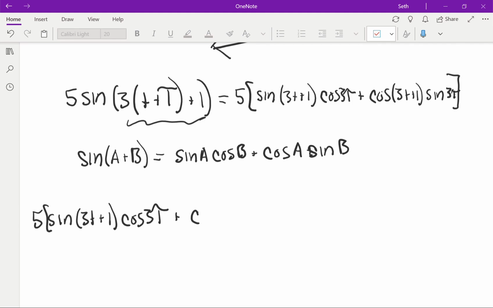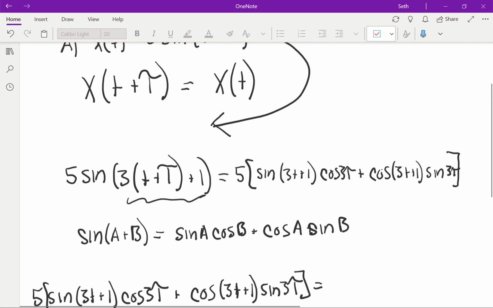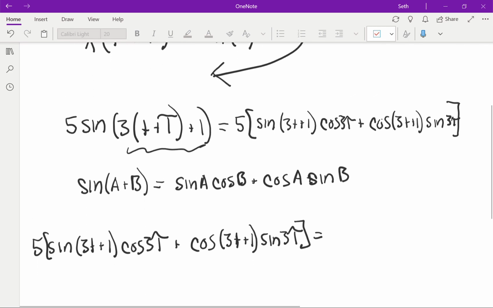plus cosine 3t plus 1 sine 3 tau, and by our periodicity condition, we need this to be equal to the original function, which is just 5 sine 3t plus 1.